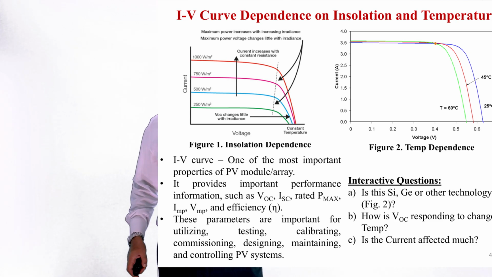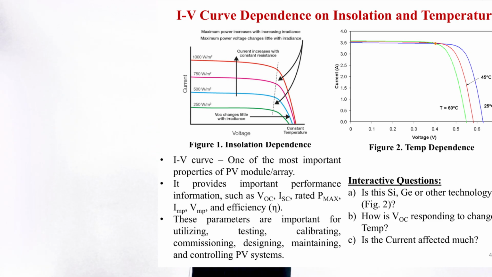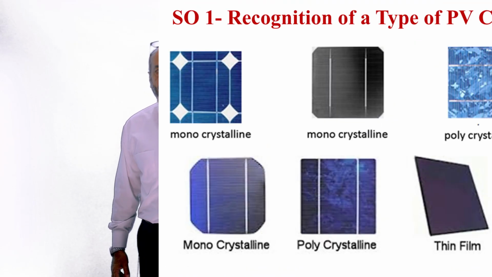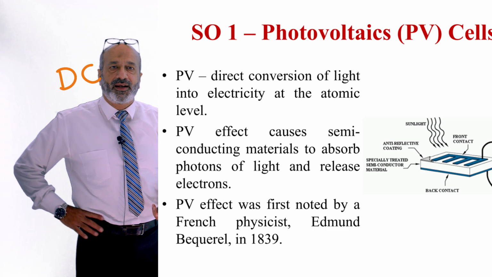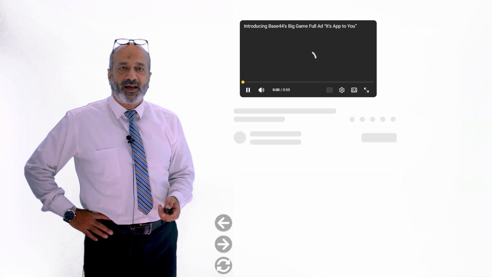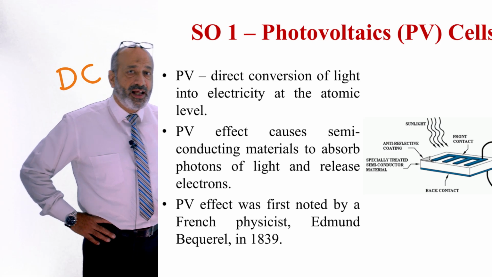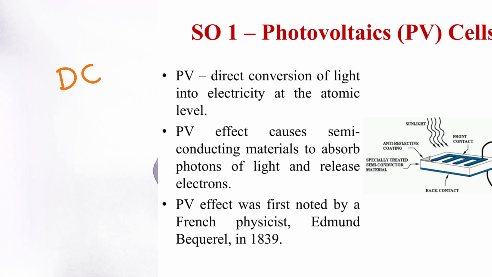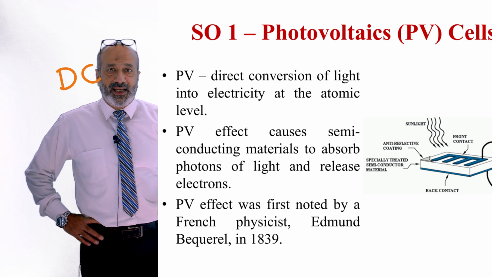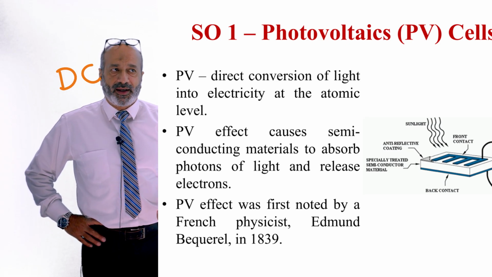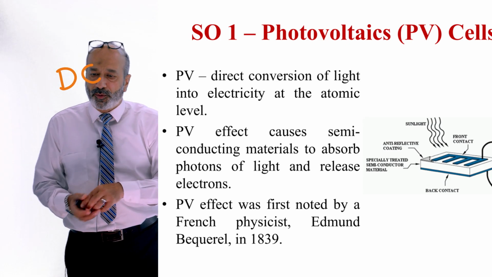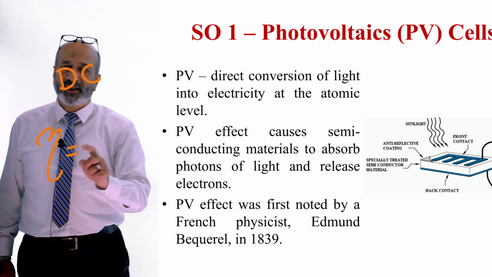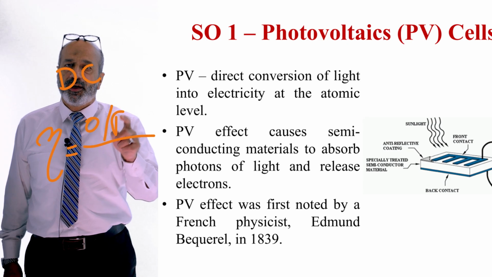And of course, later you can see how to measure the efficiency of the panel by multiplying the voltage and current to get the proper efficiency of your panel, because efficiency equals output over input. Efficiency equals output over input.